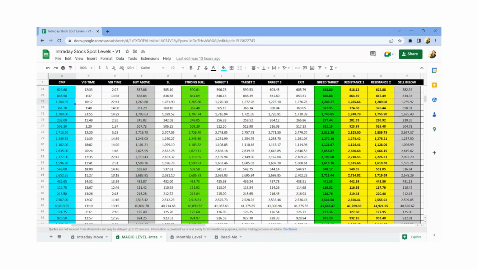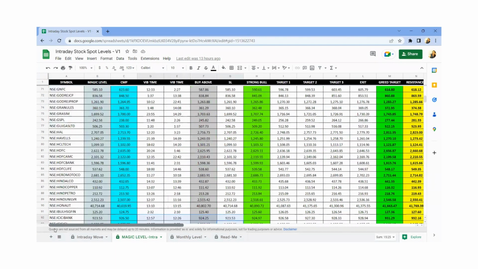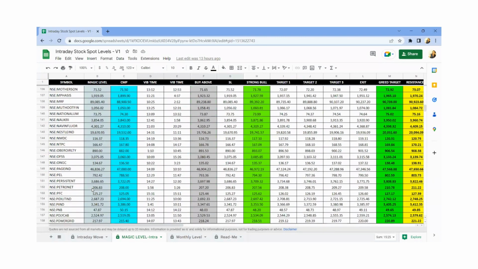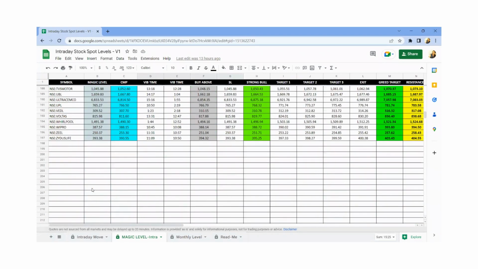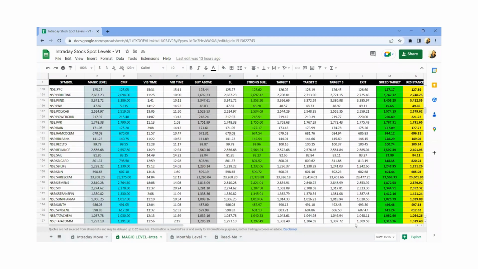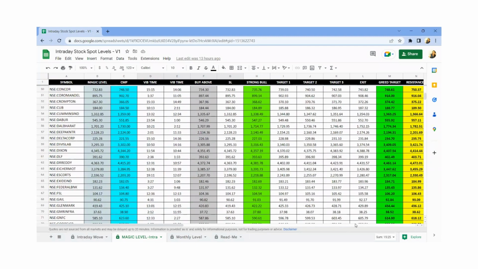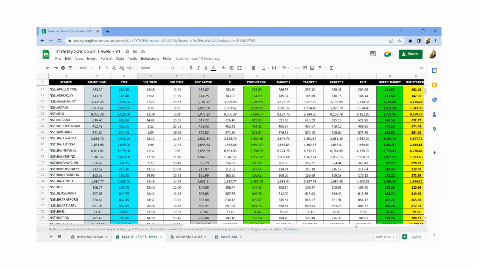Now, suppose you do not know where to look for stocks. You don't know which stock you should trade. There are close to 180, 190 stocks in FNO. And obviously, if you're not a full-time trader, you won't have the time every day to go through all the stocks and decide which to trade the next day.